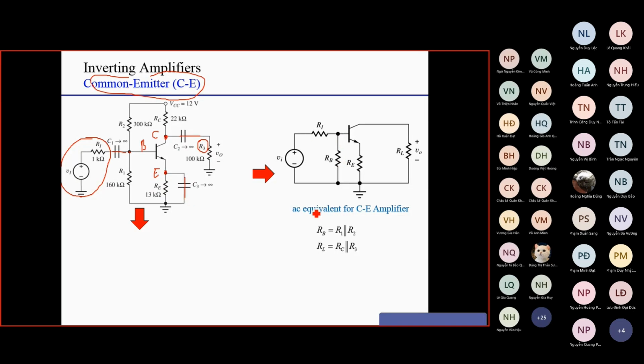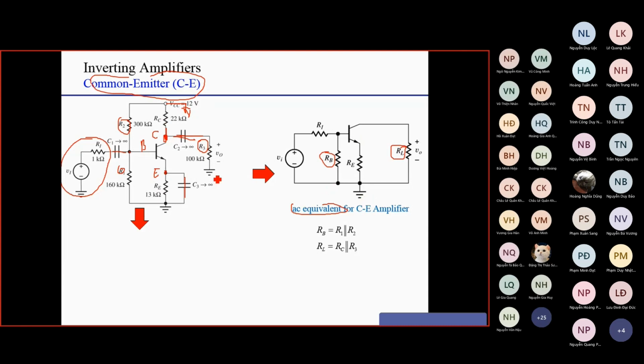Then we redraw the circuit to have the AC equivalent circuit. So RB here is indeed R2 in parallel with R1. RL here is what is connected between the collector and the ground. That means RC in AC mode, VCC is connected to the ground. C2 is short circuit, so we have R load is RC in parallel with R3.